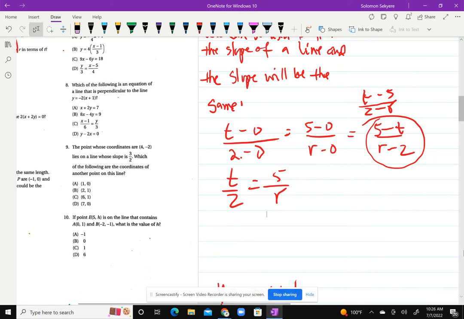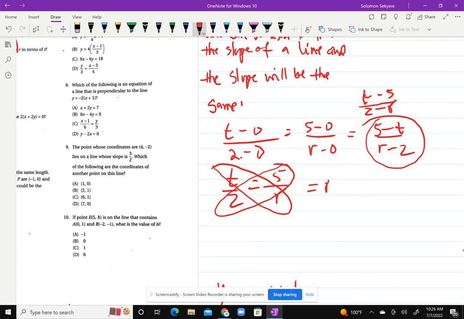So if we write this expression, it's true. What do we do? We cross multiply, so r times t is 10. We want r in terms of t, so if we divide both sides by t, r is equal to 10 over t. That is the answer you're looking for.